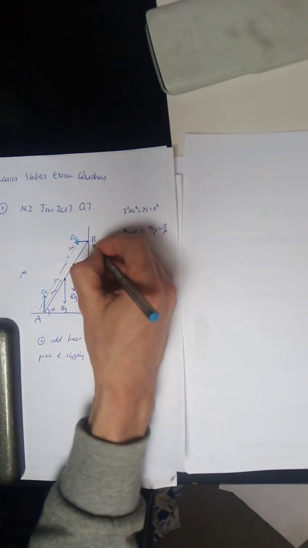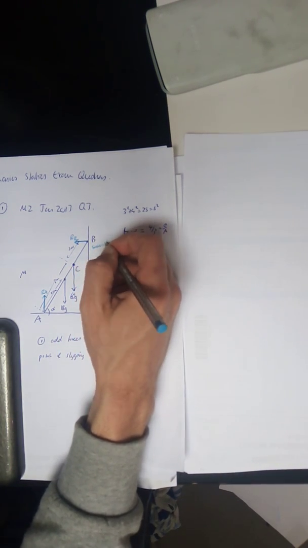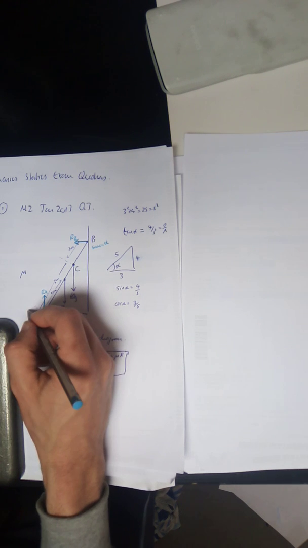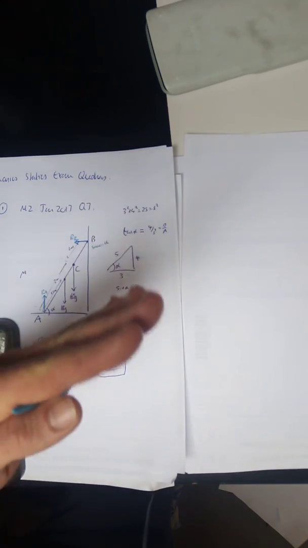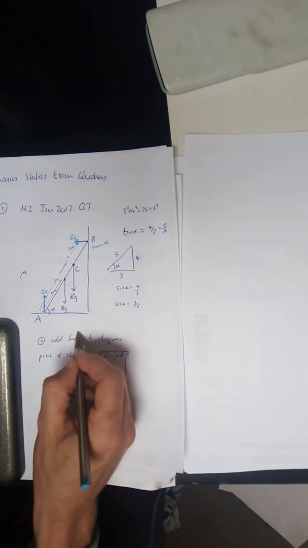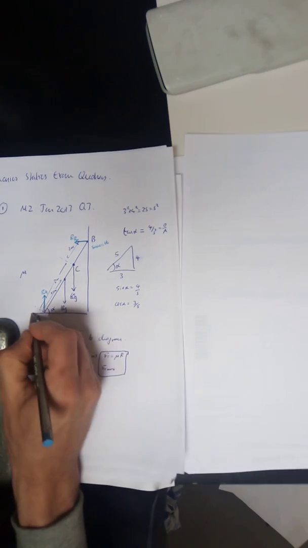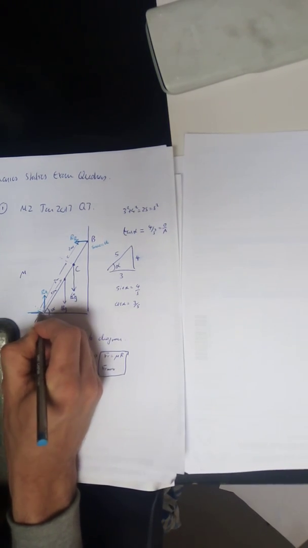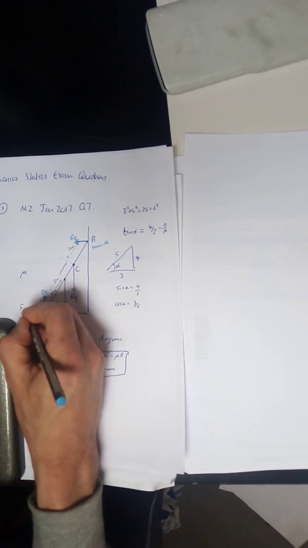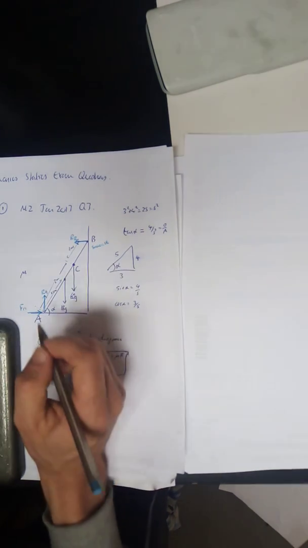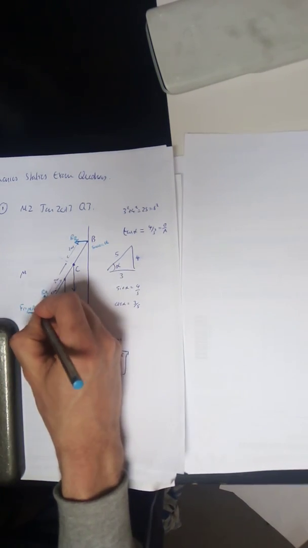We've got a smooth wall here, so there's no friction there, but we've got a rough floor here. Friction must act against the way the ladder would want to slip. If you imagine the ladder wants to slip down the wall with the back coming out like that, then the friction must act opposite to that. So friction is there, and I'm going to put what that friction is equal to right away: mu RA. That is what your force diagram should look like.